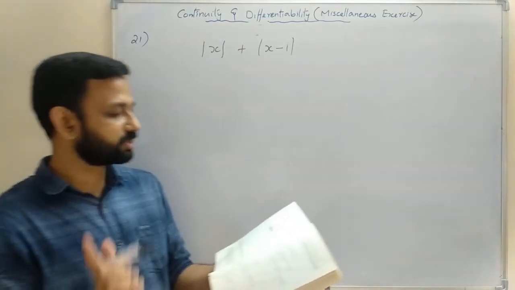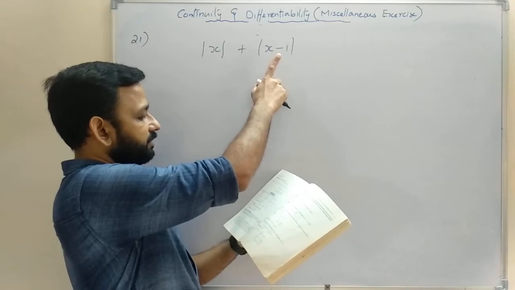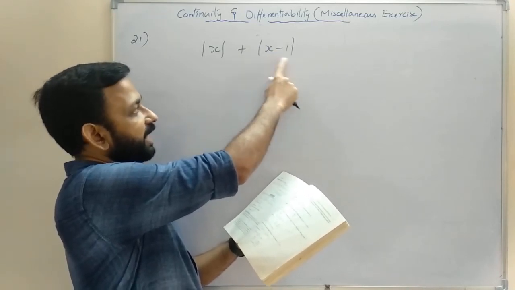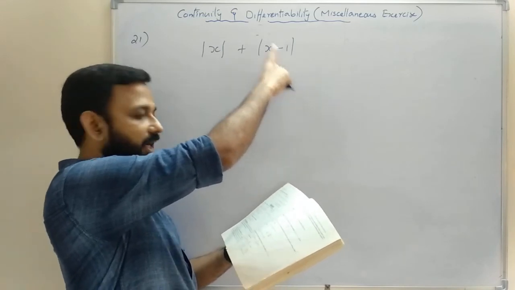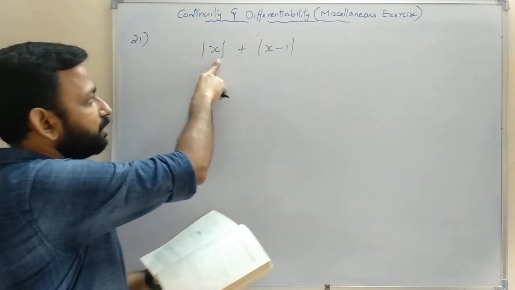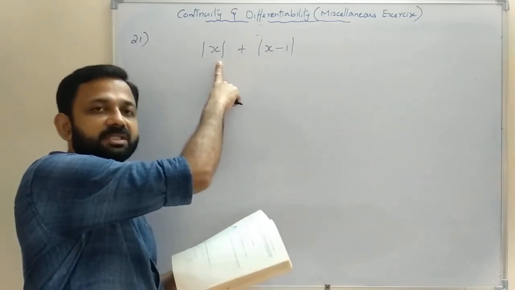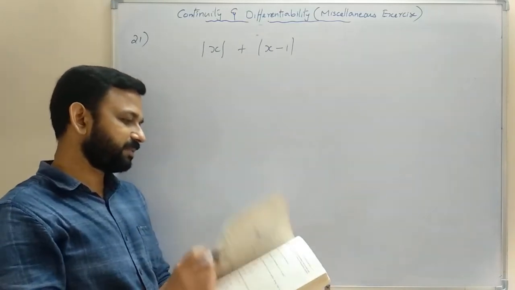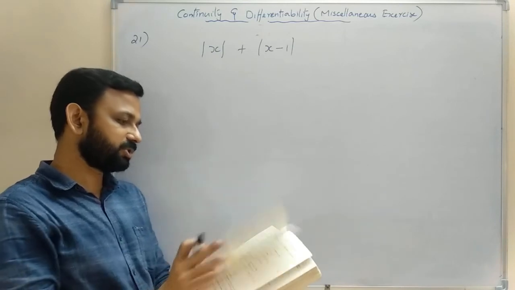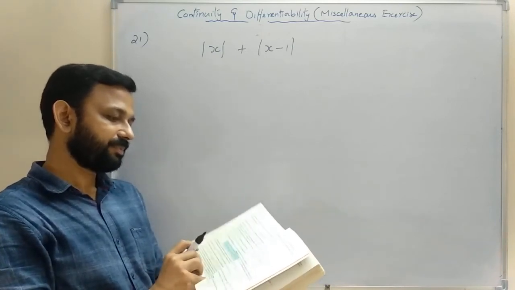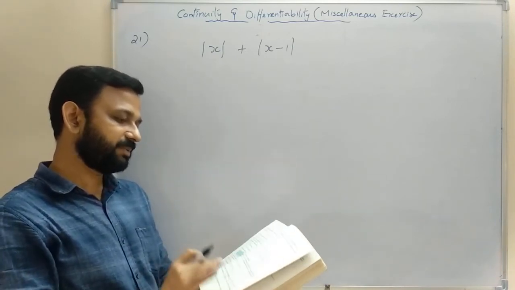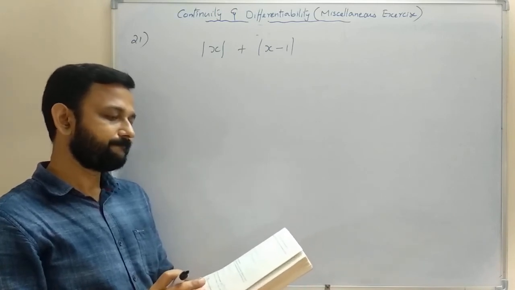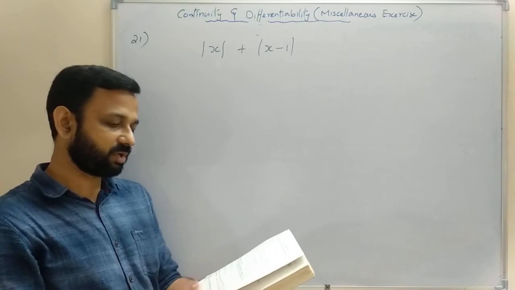There we proved that this function is not differentiable at 1, and modulus x is not differentiable at 0. I already explained this; I think the explanation is in the book also, on page number 163, in that corollary.